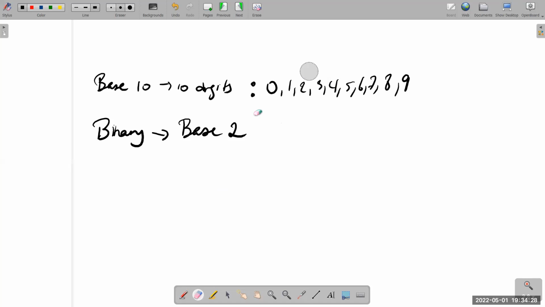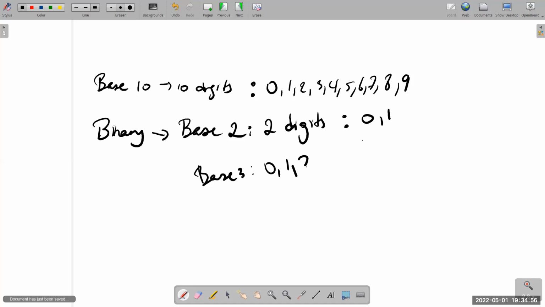In base 2, how many digits do you think you're going to have? Base 2 only has 2 digits. What are those 2 digits in base 2? 0 and 1. So base 3, what are the digits in base 3? 0, 1, 2.